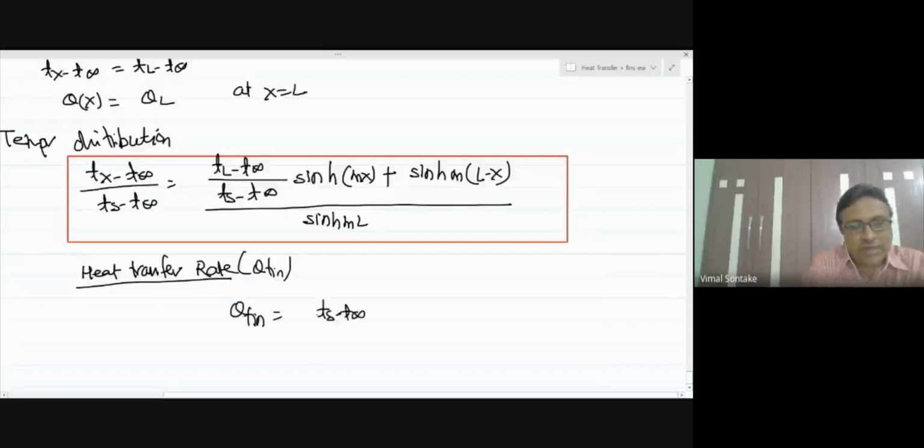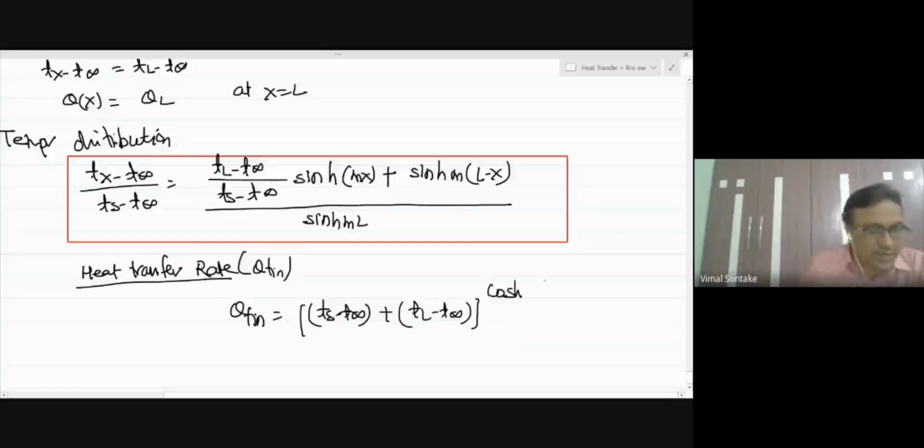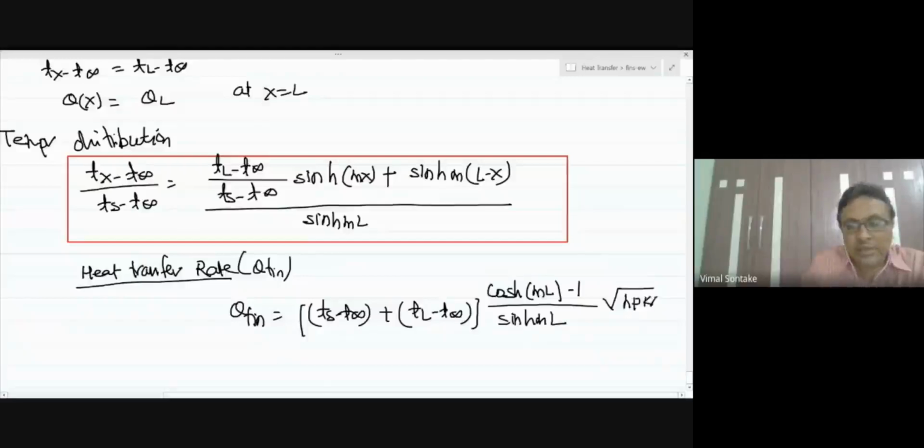Q equals [(Ts minus T infinity) plus (TL minus T infinity)] multiplied by cosh(mL) minus 1, over sinh(mL), multiplied by the square root of hPkAc.